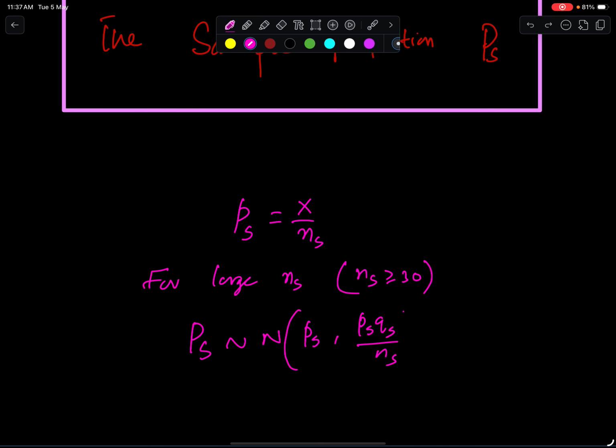Just remember this. I think this is in MF19 as well. We use this formula and this formula.